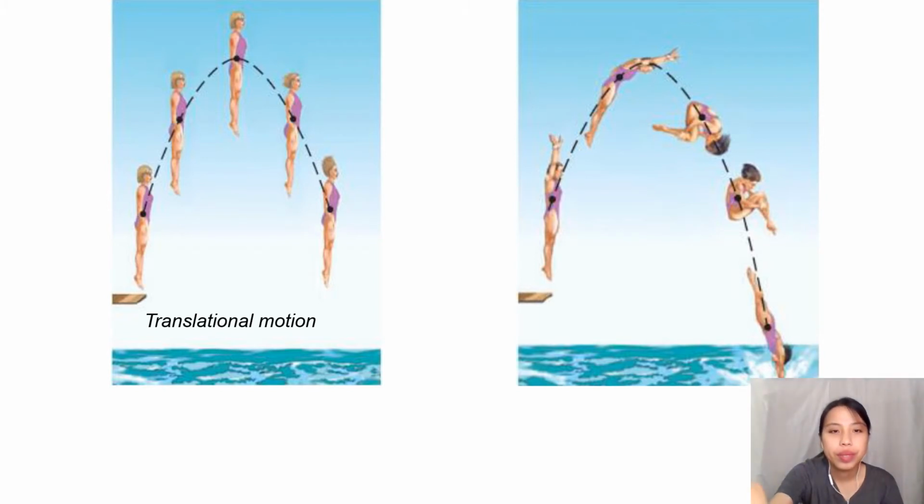That's it. But on the right side, this person has translation and rotation at the same time. Translation means the dot is moving, but the person's hands and legs are also turning, this way and that way.